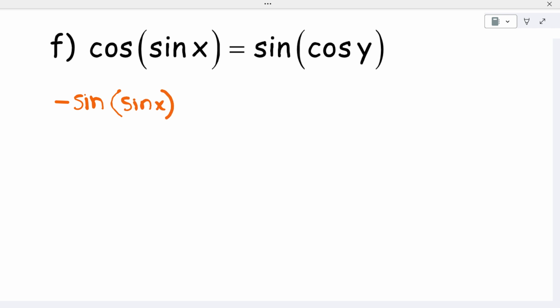Now we do the inside. So derivative of sine x is cos x. And the derivative of x is just a 1, so I don't have to write the 1. Equals, derivative of sine is cos, inside function stays.